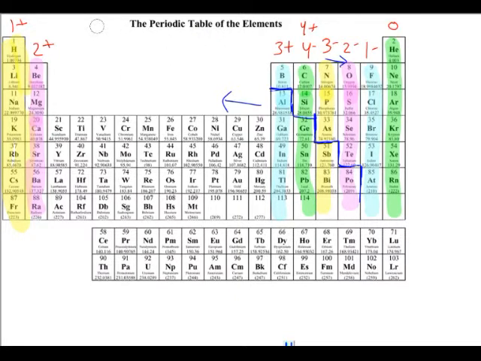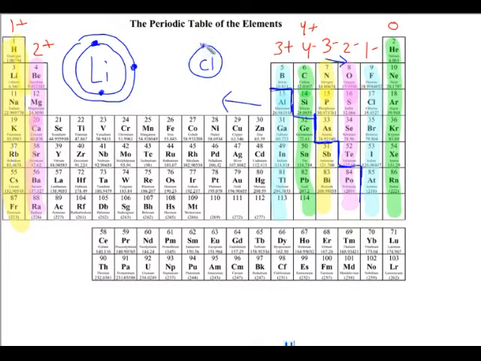What's actually happening here? If we start out with lithium, lithium has 3 electrons when it's neutral. Chlorine has 17 electrons when it's neutral. 2 will go in the first, 8 will go in the second, and 7 will go in the third.